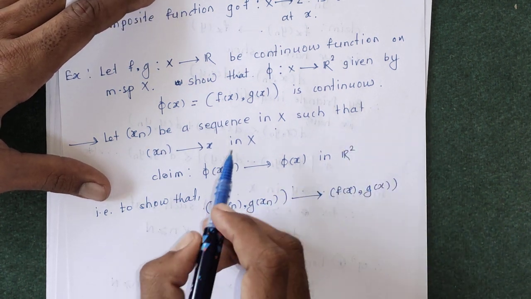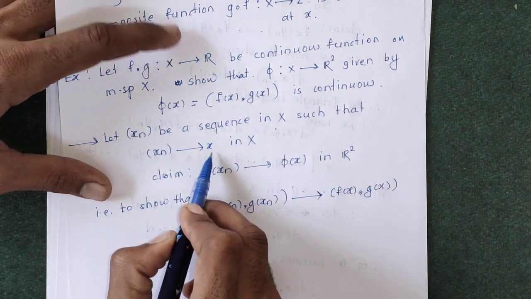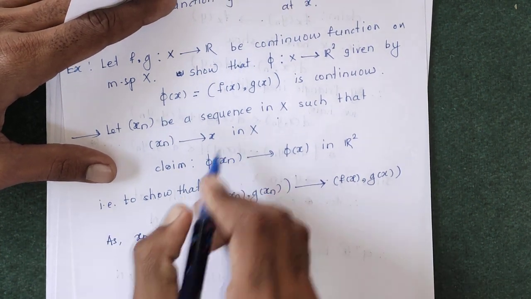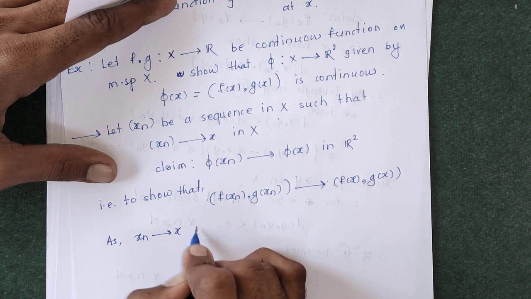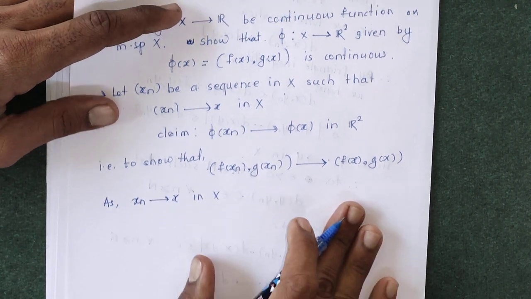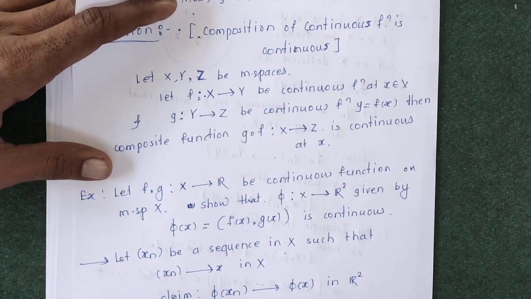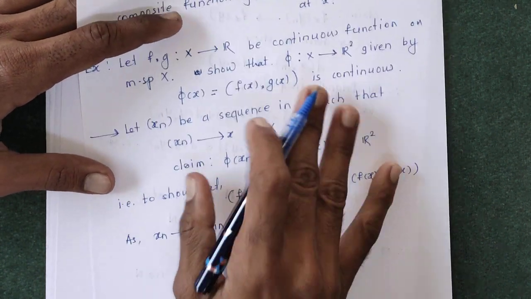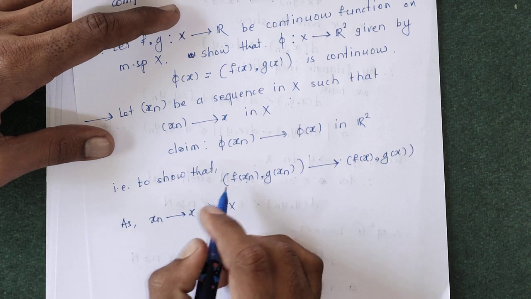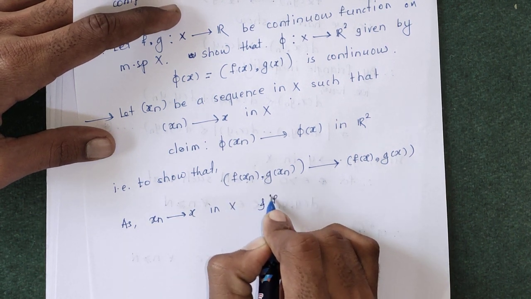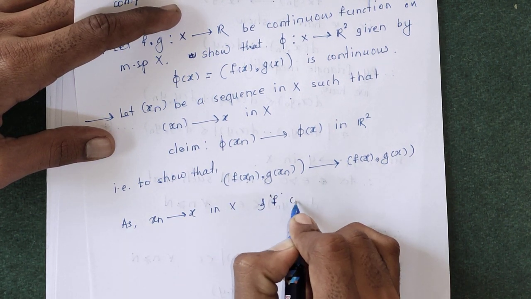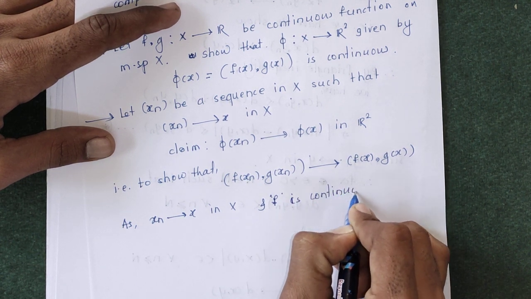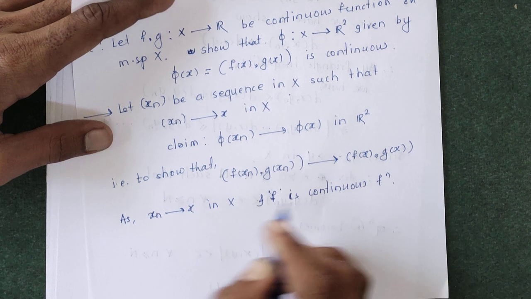As xn is a sequence in X that converges to x, and we are given that f and g both are continuous functions, so xn converges to x in X and f is a continuous function.